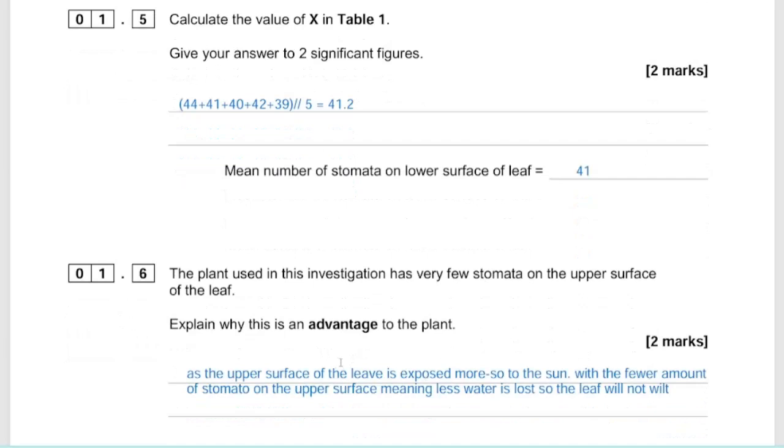So as the upper surface of the leaf is exposed more so to the sun, with the few amount of stomata on the upper surface, meaning less water is lost, so the leaf won't wilt. If there were more stomata on the upper surface, the sun would sort of evaporate water from it, which would cause the leaf to wilt. And with the stomata being on the lower surface, which is more so protected from the sun, this won't happen.